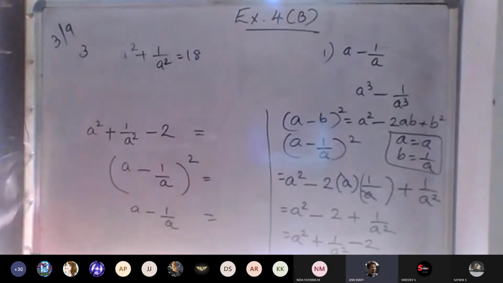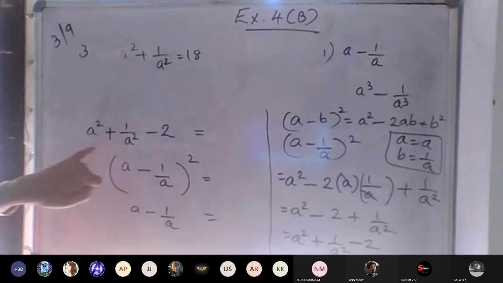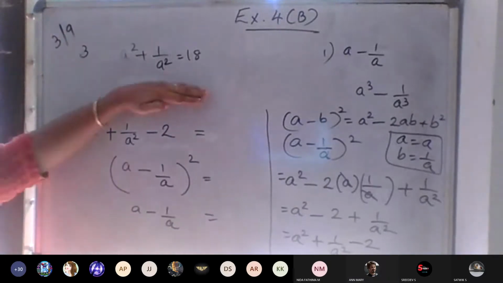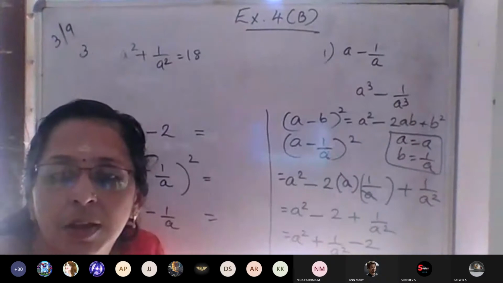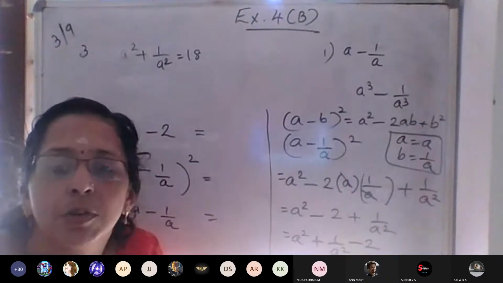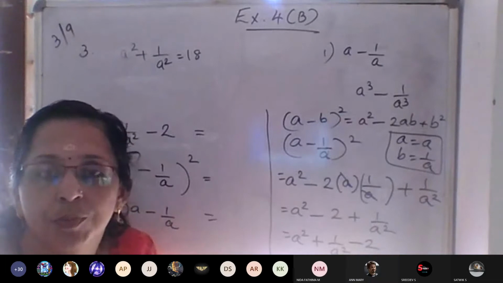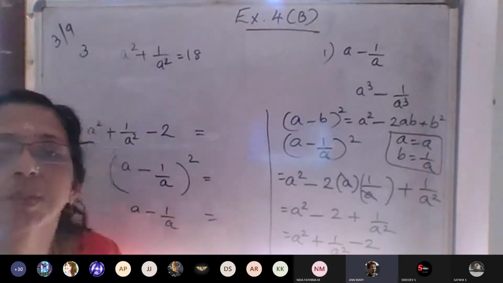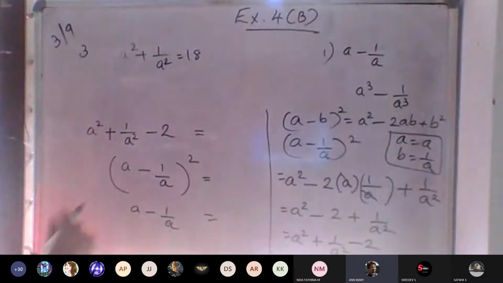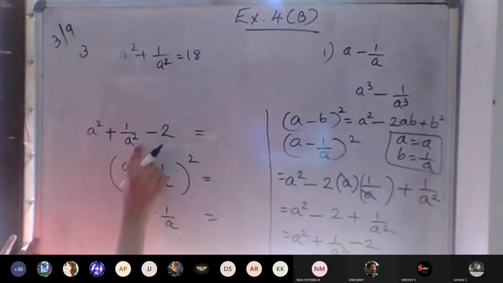We have only which one? A square plus 1 by a square. So for getting that, we want to change it into a minus 1 by a whole square. What adjustment do we have to do? In the first question we added 2 on both sides; here we subtract 2 on both sides. That is, a square plus 1 by a square only we have.